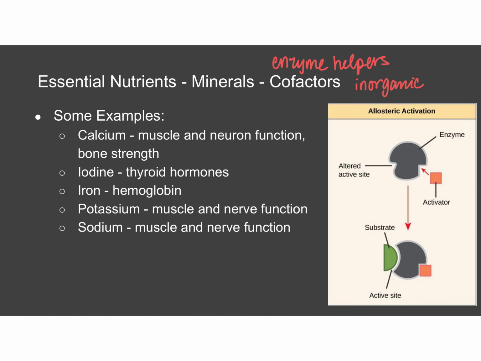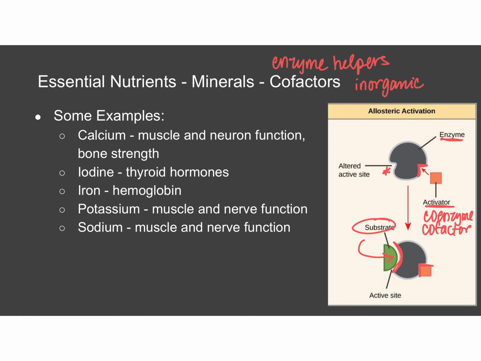And I meant to talk about this picture on the previous page, but we'll talk about it now. You can see how we've got our enzyme here in gray, and we've got the active site where the substrate should fit right here. But what happens is the activator, and this activator can either be the coenzyme, so the vitamin, or a cofactor, a mineral, binds to a secondary site, which when it binds there, changes the shape of the active site so the substrate can now bind.